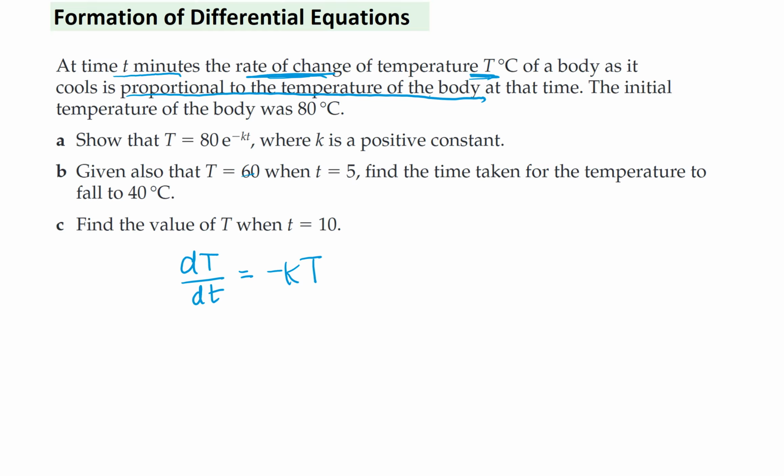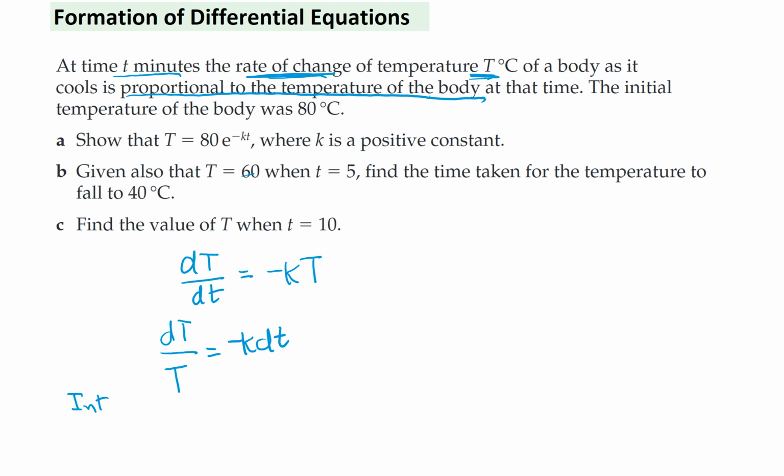Then I can write this as dT over T is equal to minus k dt, and then I can integrate both sides.